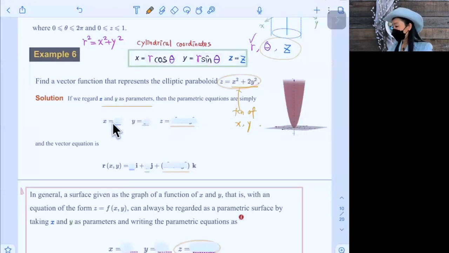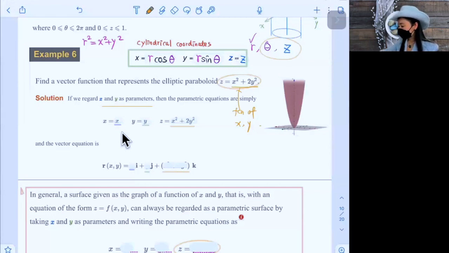So x will be equal to, what should I put over here, you think? This one here is a function of x and y, so you can parameterize this using x and y. What about x? x will be x itself. And then y will be what? y itself, yes.